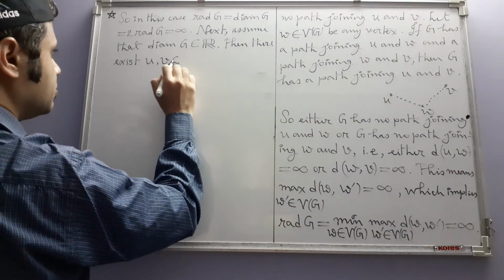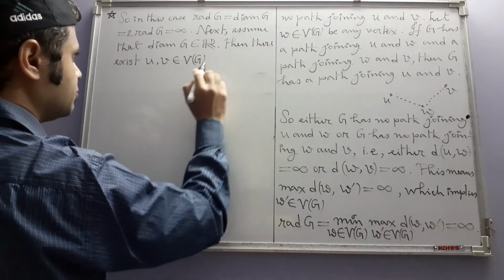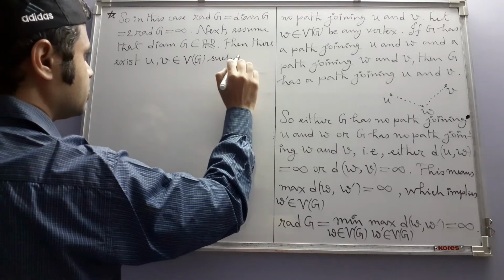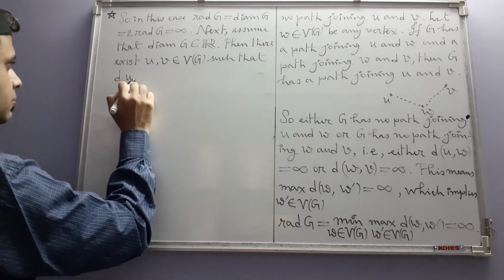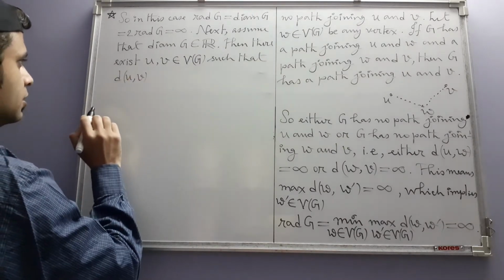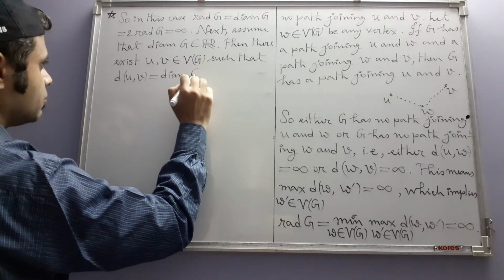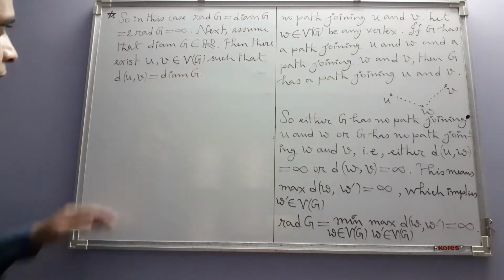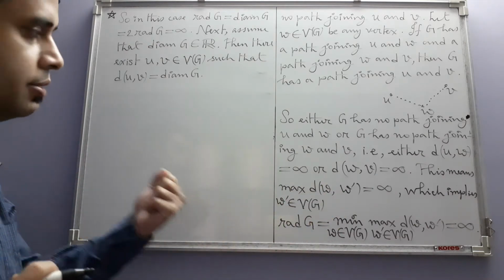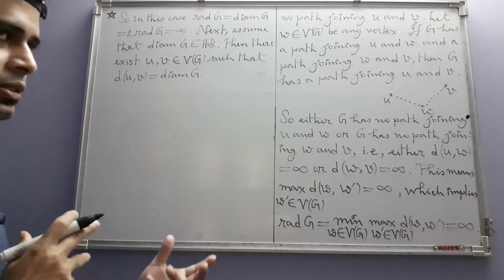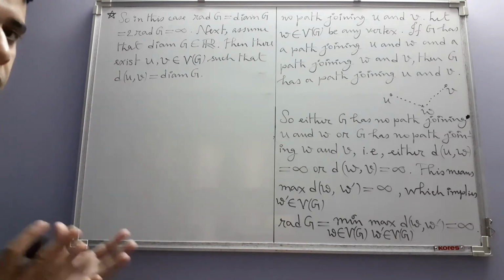U and v belonging to V of G such that the distance between u and v is equal to the diameter of G, because the diameter by definition is the maximum possible distance between vertices in G. So at least two vertices should be there that will give us this distance, which is the maximum possible.